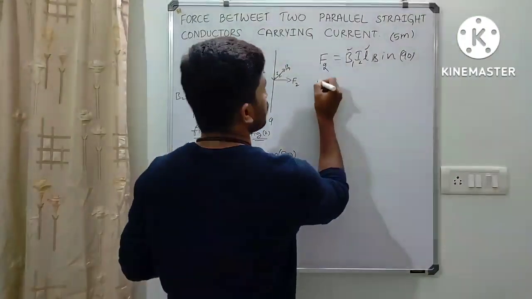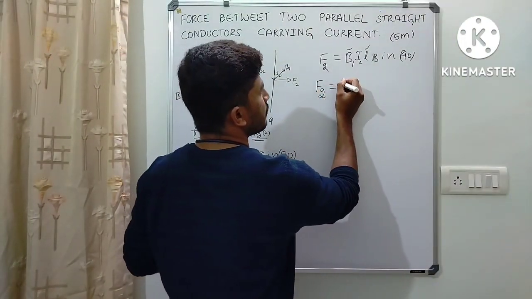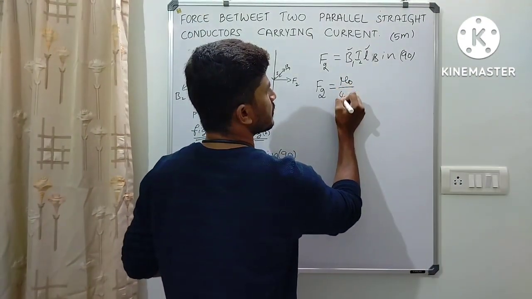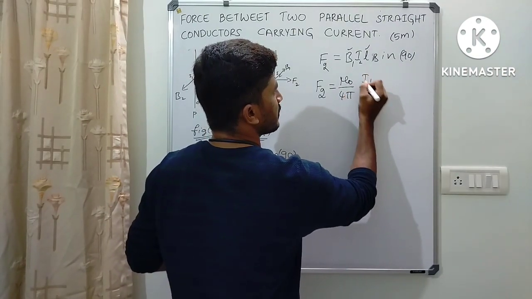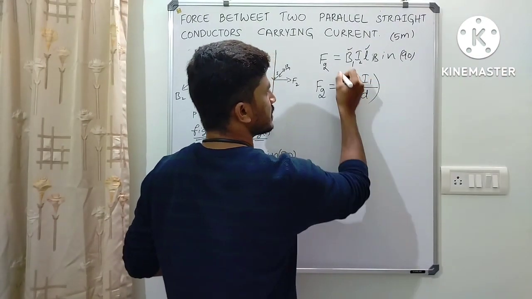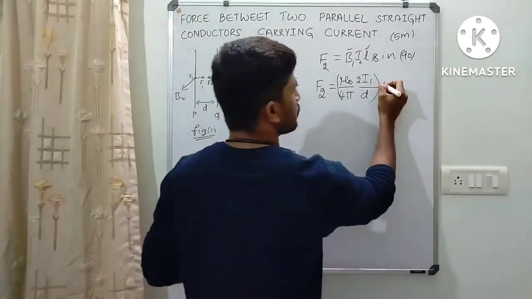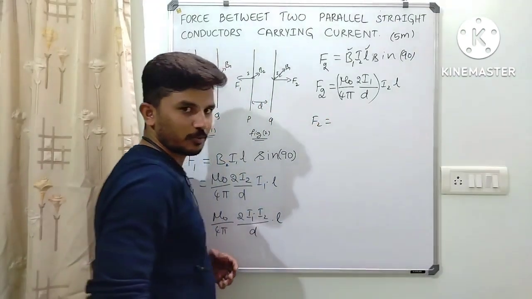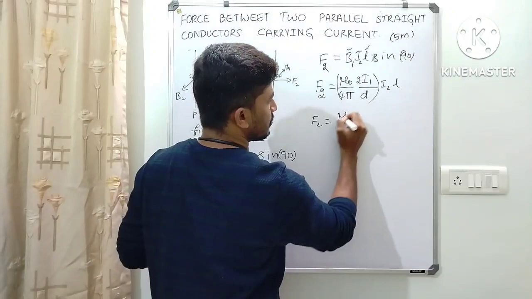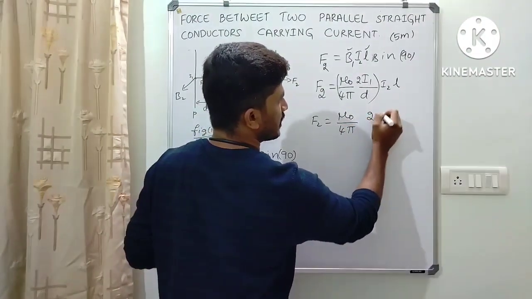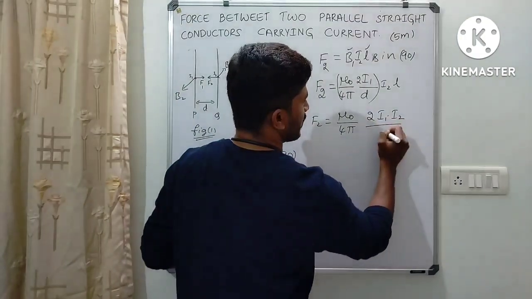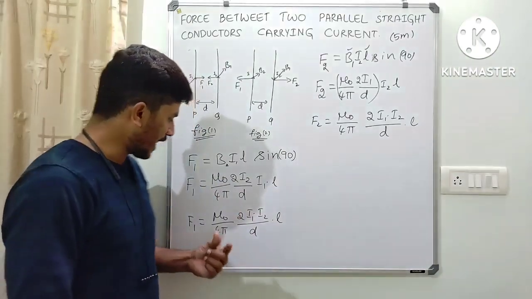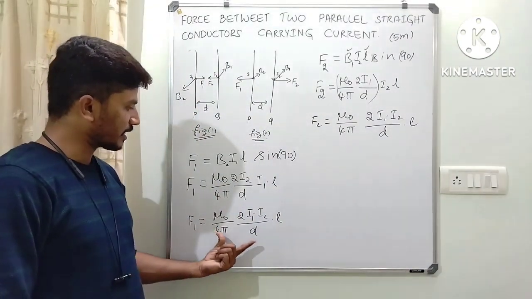So here F2 is given by B1, which is given by the same mu naught by 4 pi, 2 times I1 by d. This is B1, and I2 as it is, length L, sin 90 is 1. So F2 is equal to mu naught by 4 pi, 2 times I1 I2 divided by d, into L. Means the force acting on the first conductor due to the second conductor is this.